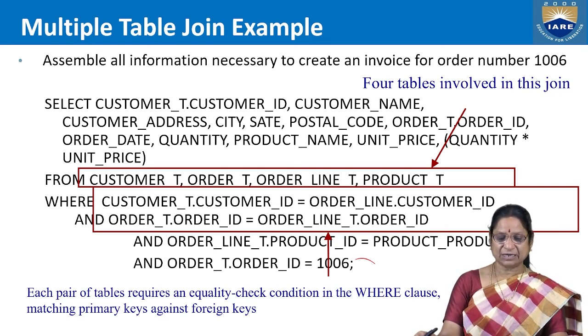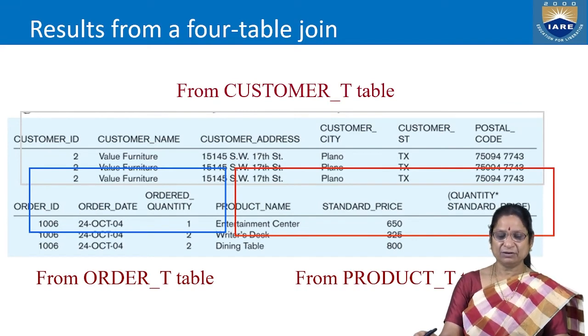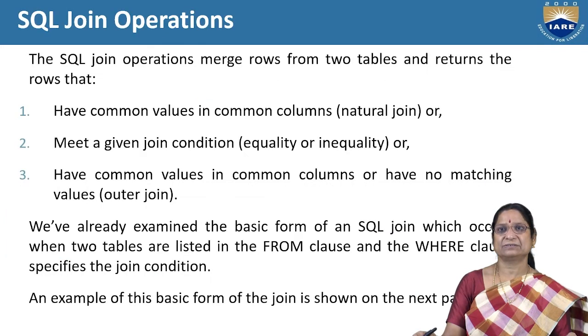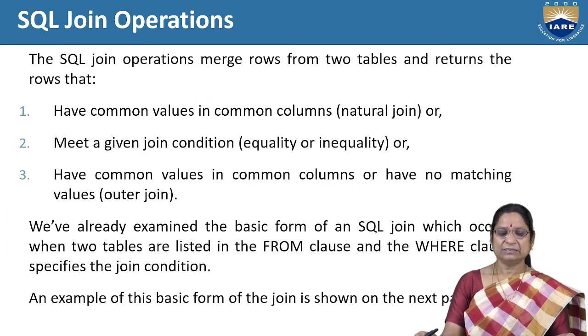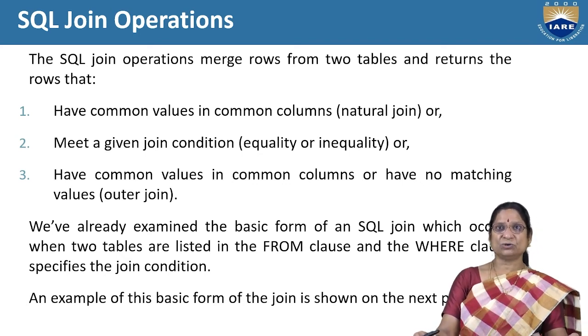Each pair of tables requires an equality check condition in the WHERE clause, matching primary keys against foreign keys in most of the cases actually. So from the customer table, we are going to join the order table and product table. SQL join operations merge rows from two tables and return the rows that have common values in the common columns, known as natural join.